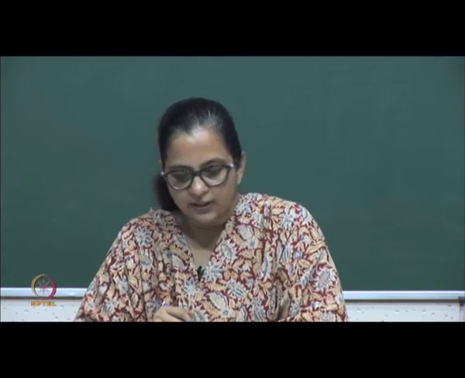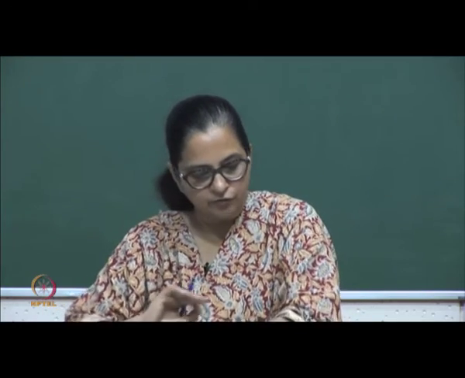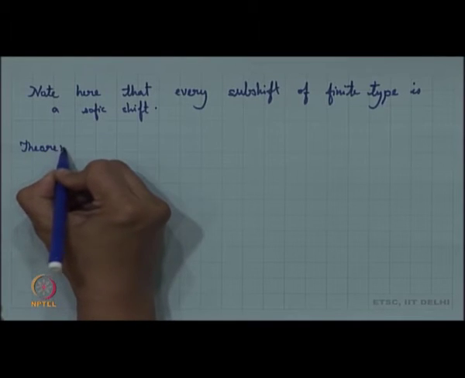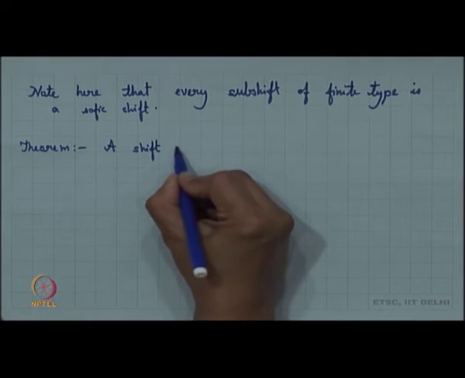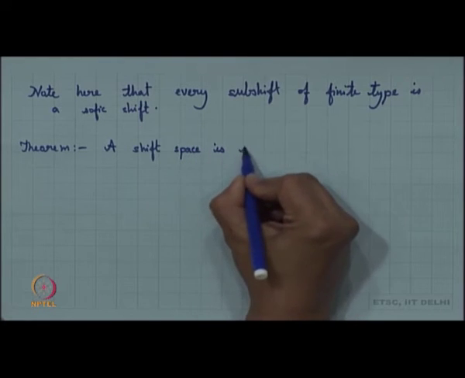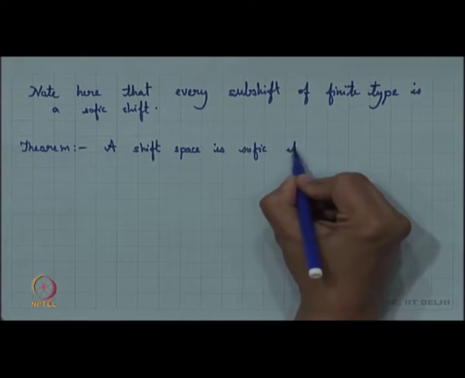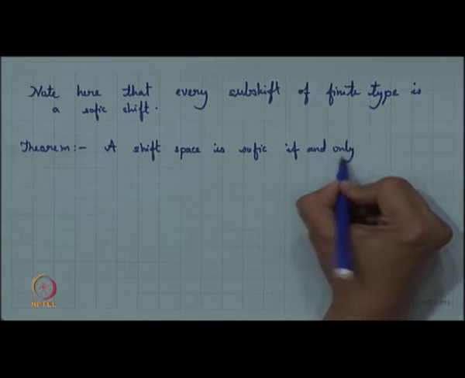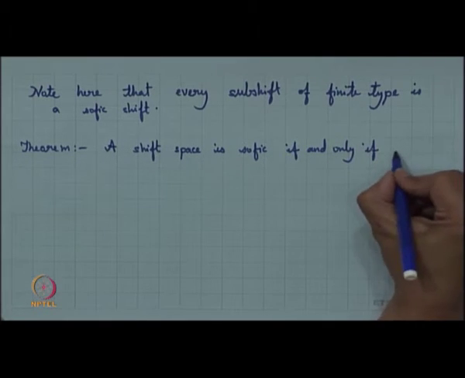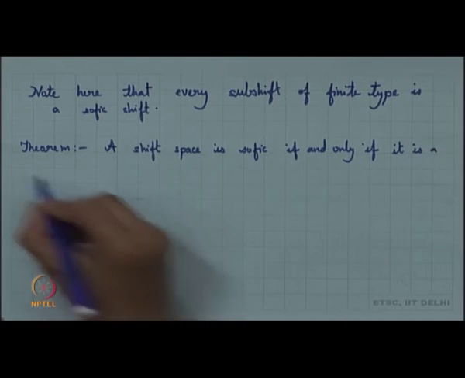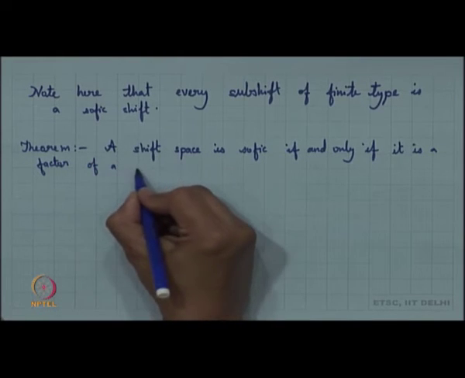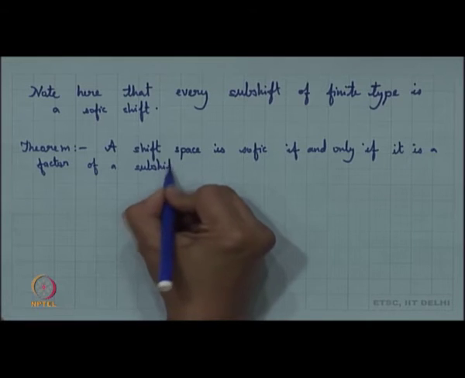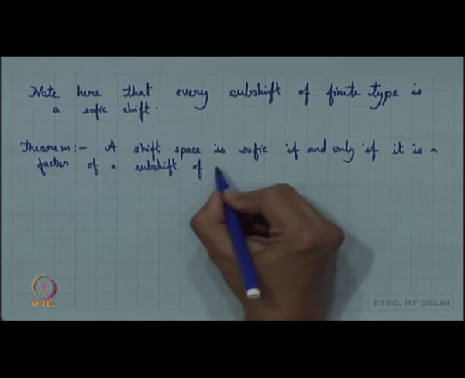The second fact is some other property of Sophic shifts, so let us look into this part. A shift space is Sophic if and only if it is a factor of a subshift of finite type.